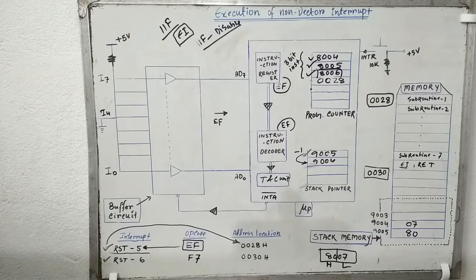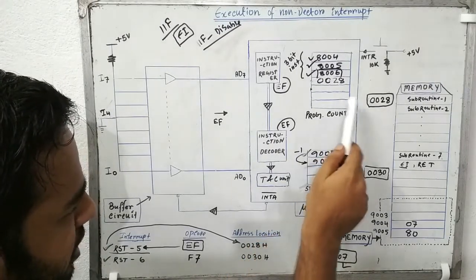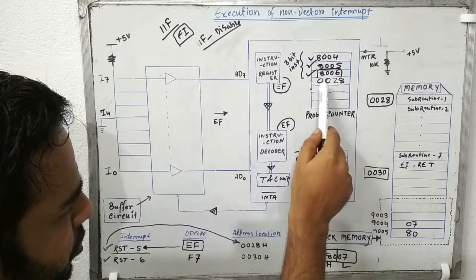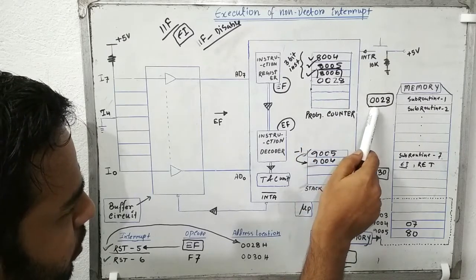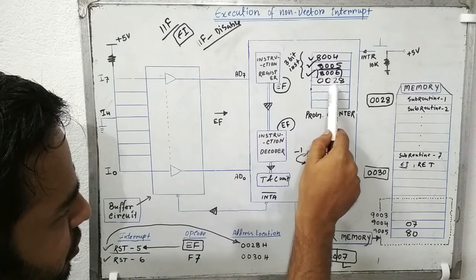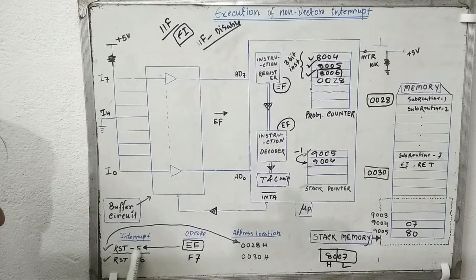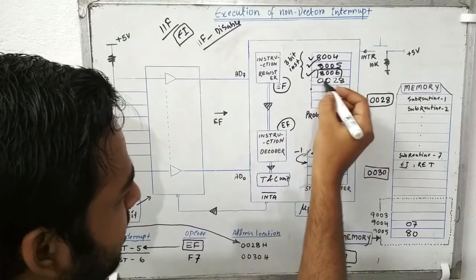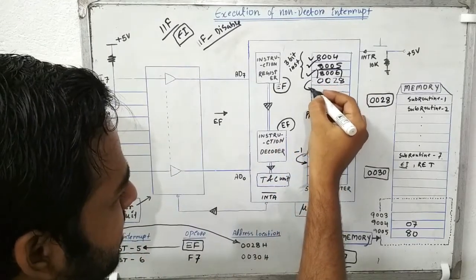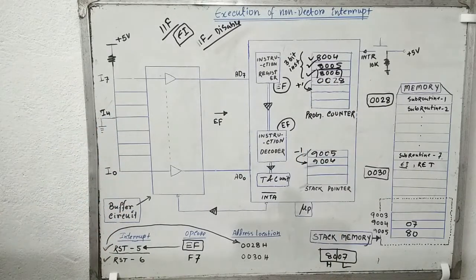Let me repeat again. The timing and control unit will instruct the microprocessor to fill this program counter with the specified address location that you can see over here, 0028, for this software interrupt, restart 5. So now what will happen? Now the program counter will start to increment its address by +1 as usual.